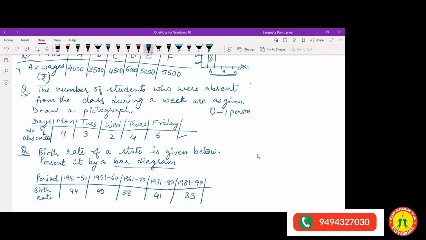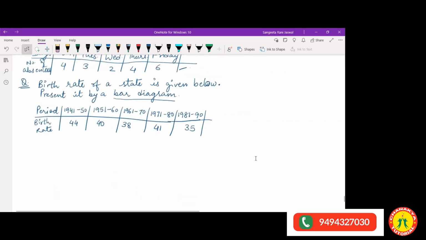Ma'am, can you scroll the screen a little bit down? Yes, ma'am. Yeah, like this. Soumya, is it comfortable to you? Have you done your previous question? Hello, Soumya.